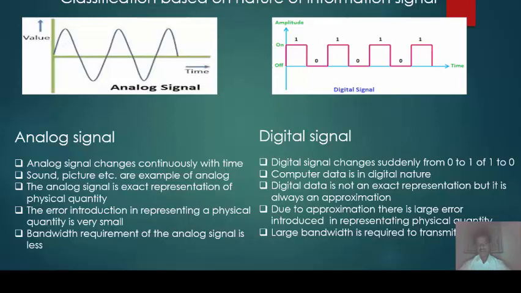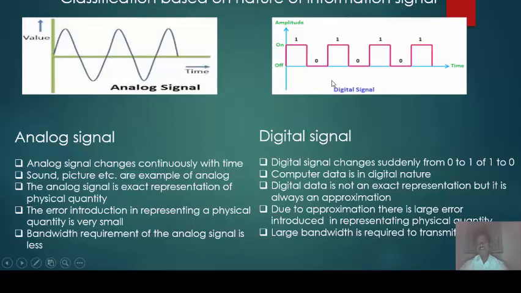The analog signal looks like a sine wave, and a physical quantity is represented with the help of such signals. Here the signal varies with time, and this is known as the analog signal.